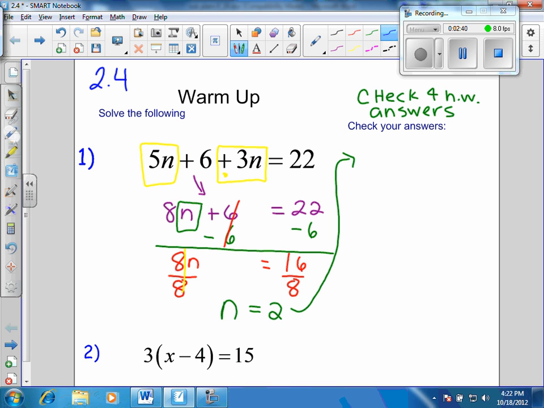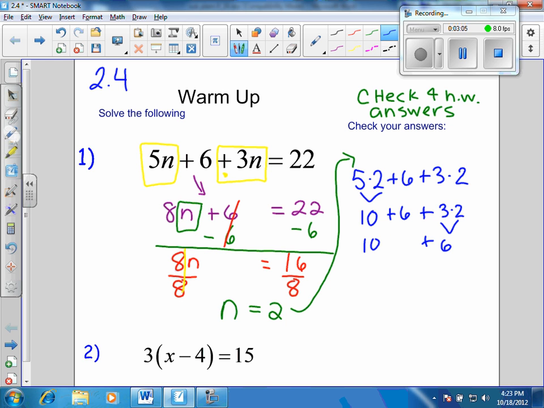So to check this problem, I'm going to go to the original problem and say 5 times n, which is 2, add it to 6, and then 3 times n, which is 2. We're going to see if this adds up to 22. So 5 times 2 is 10, plus 6, plus 3 times 2. So this is 6.